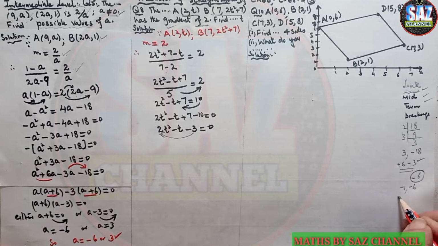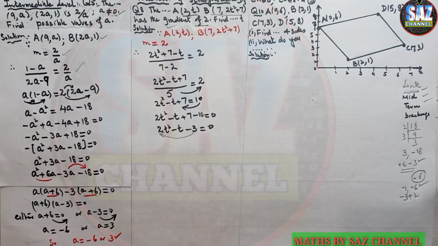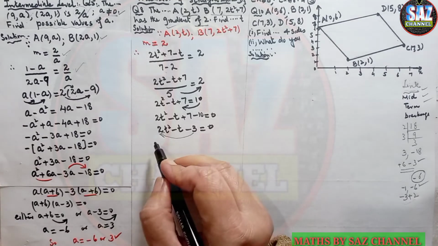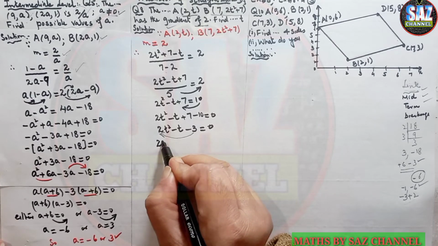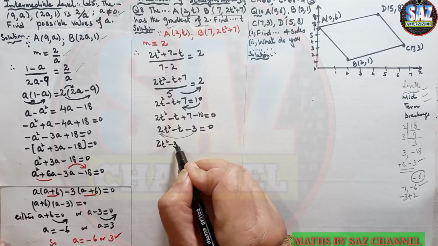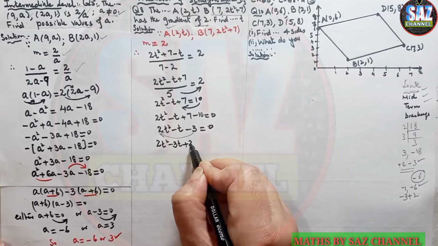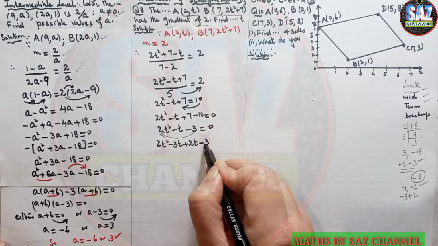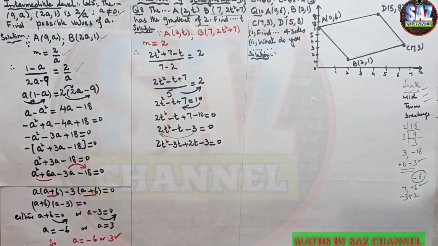So if I'm choosing the numbers minus 3 plus 2, they can give me minus 1, and when I'm multiplying them I can get minus 6. So please understand that midterm breakage is really important. Okay, now 2t square minus 3t plus 2t minus 3 equals to 0. Now make the groups of like terms.